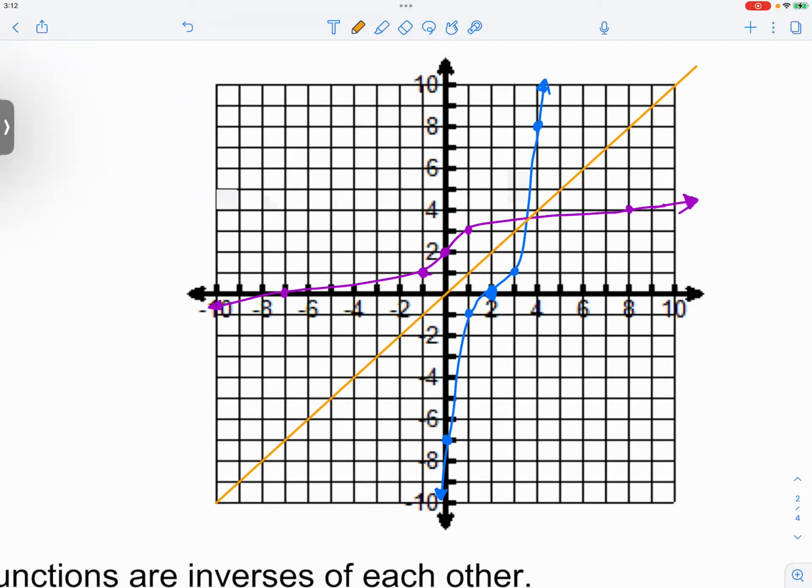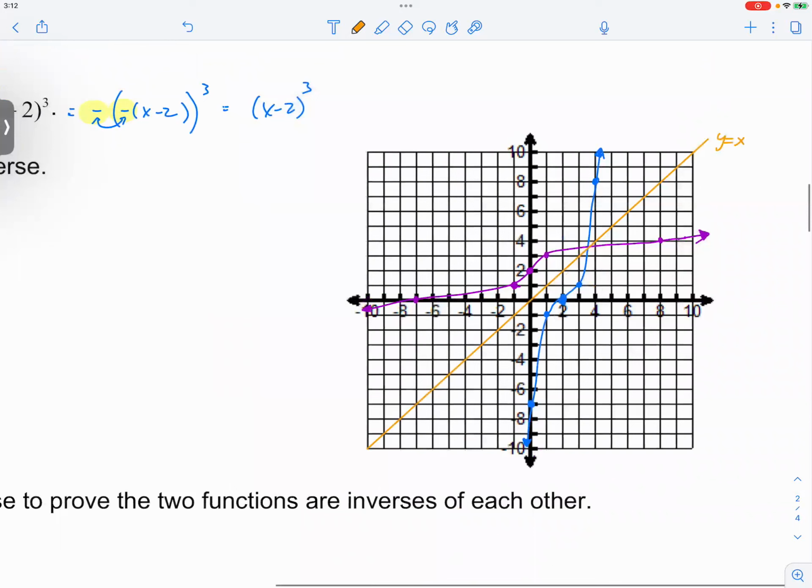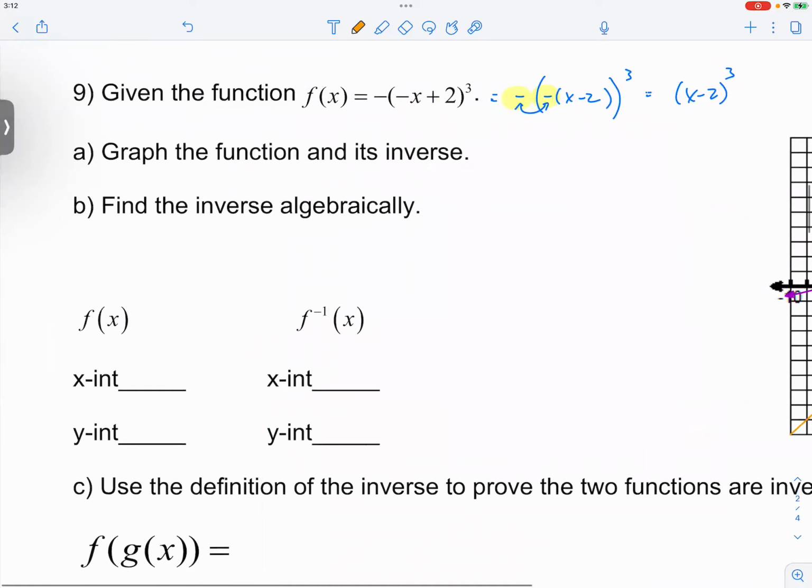Some students did not retain this fact, and therefore they simply reflected the image over the y-axis, or over the x-axis, and somehow thought that it's going to be the inverse, which is not. Okay, number 1. Number 2 is, what's the inverse of a cubic function? It's a cube root function, so it should resemble the look of a cube root function, right?